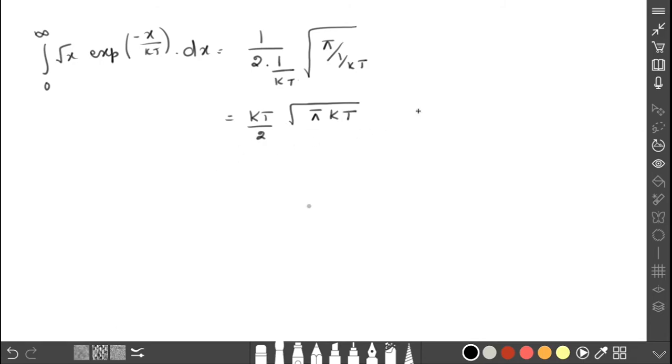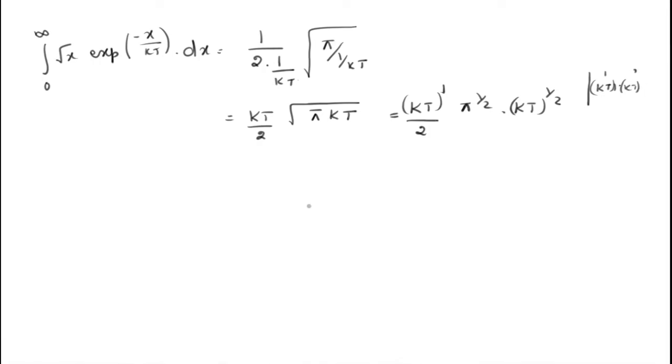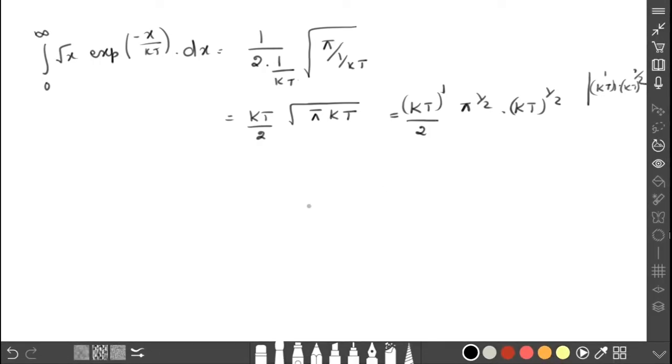So here I am going to solve this. What is this? This is kT power 1 by 1, kT power 1, here 2 is there, here pi power 1 by 2, and then kT power 1 by 2, like this we are having. So kT power 1 and kT power 1 by 2. The powers can be added together.